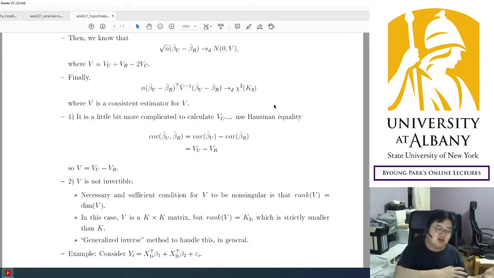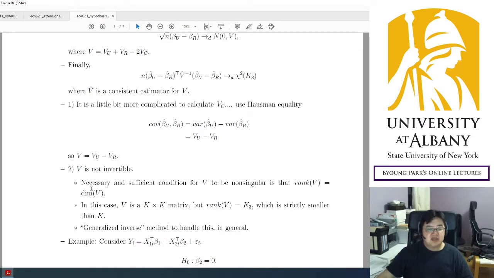So the restricted model uses k3 more restrictions, so that much is the additional information you are using. So the variance has that much degrees of freedom. This is what I explained here.